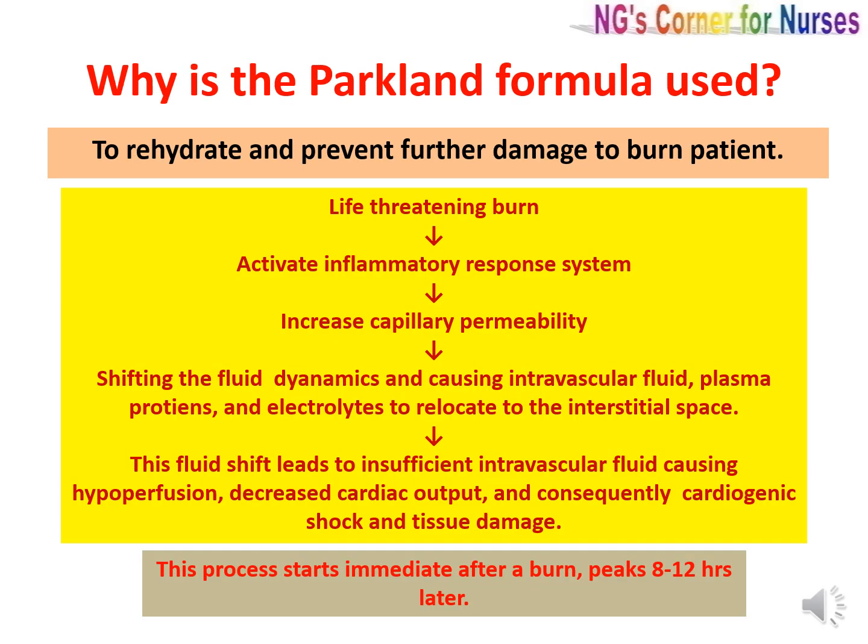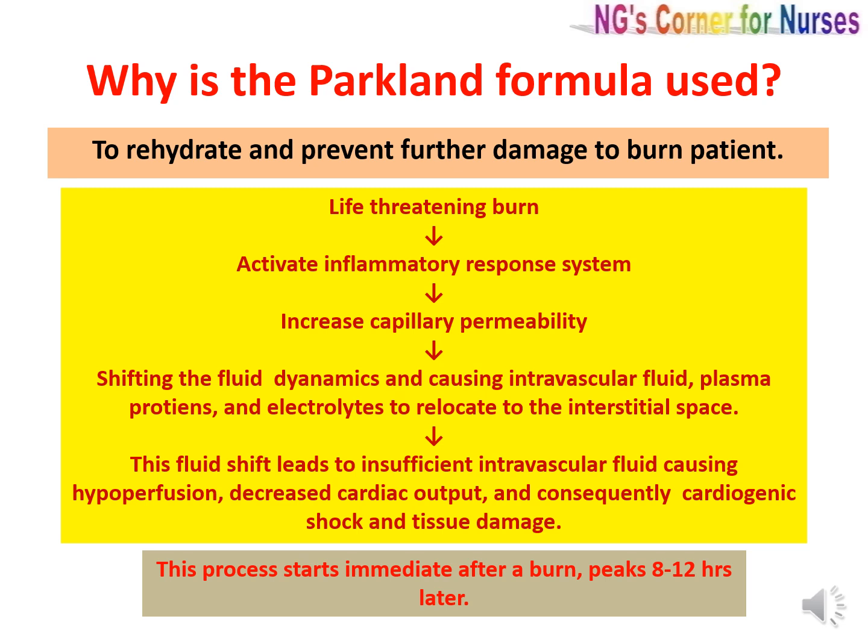Next, we are coming to why the Parkland formula is used. The main objective of the Parkland formula is to calculate the ideal amount of fluid which is required to rehydrate and prevent further damage to the burn patient. Now the question comes, why is this fluid requirement necessary? To know that, we have to know the pathophysiology behind the burn injury.